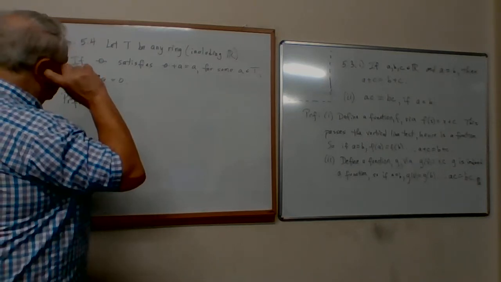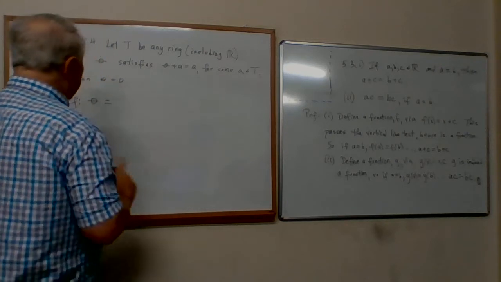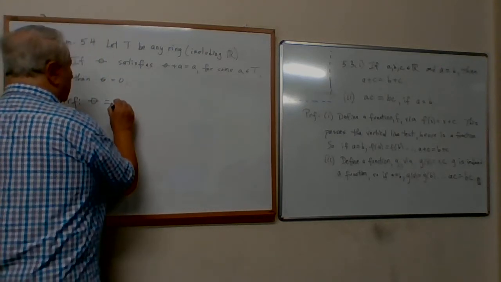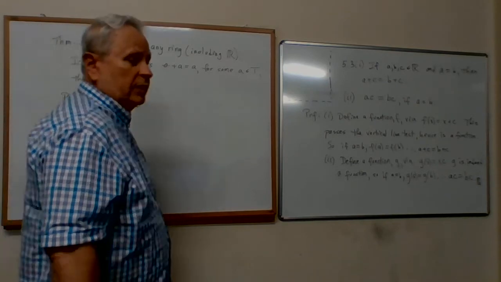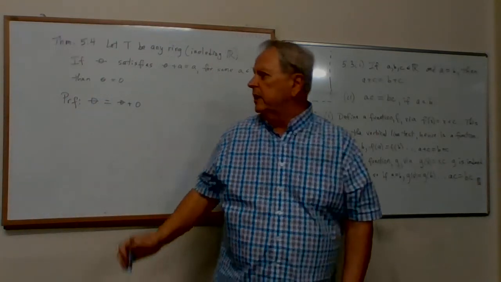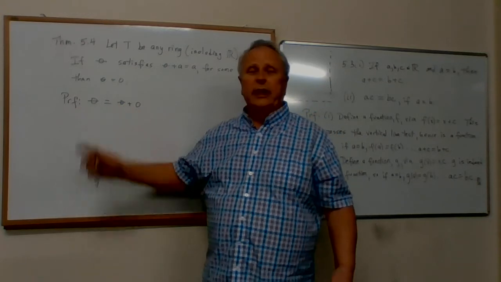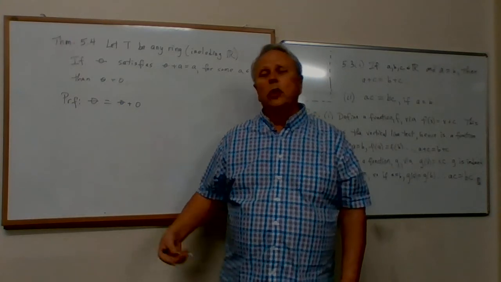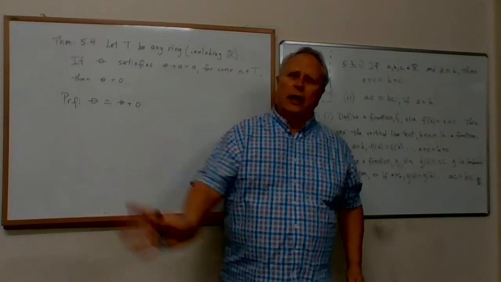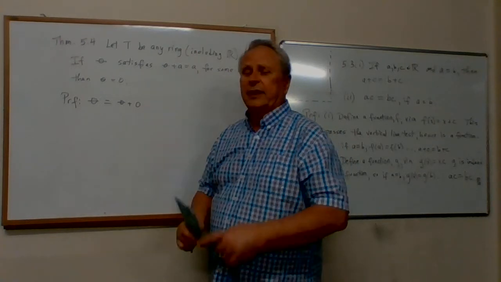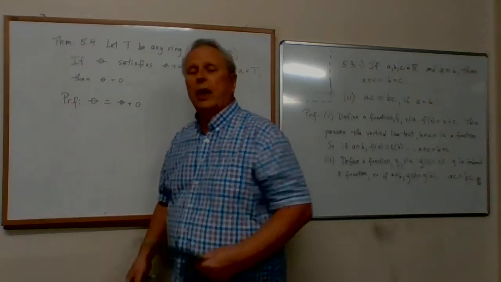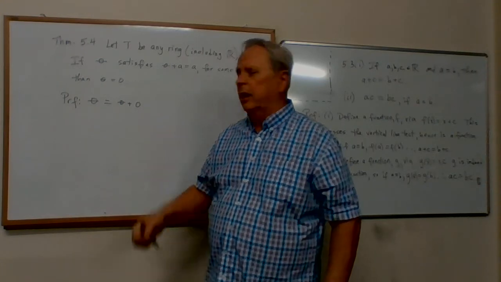Now, theta is certainly theta plus the 0 element, because 0 plus anything is the anything. So I know that 0 operates like that on all elements. Theta, all I know is it operates like that on one element. So I've got to stick A in here somehow.